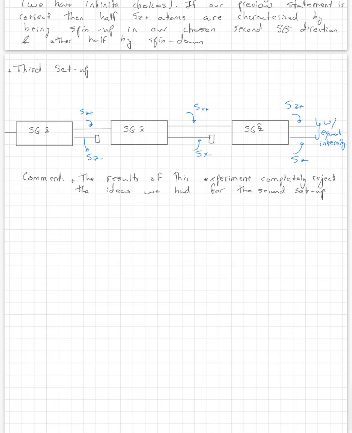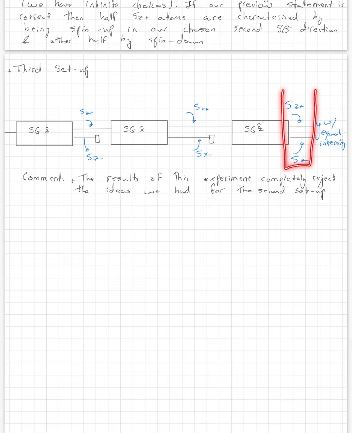The really surprising part is that the output of this actually gives us an SZ plus beam and an SZ minus beam with equal intensity. This is really weird because over here we had filtered by excluding all the SZ minus beam. And then what we did over here is simply measure the X component of the spin, and split it based on that. So we have a spin up X beam and a spin down X beam.